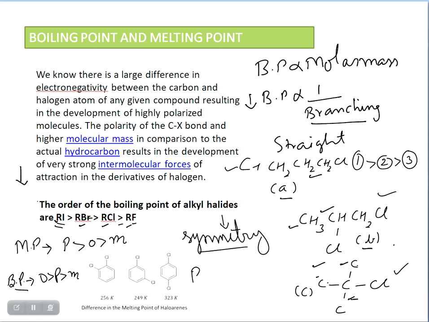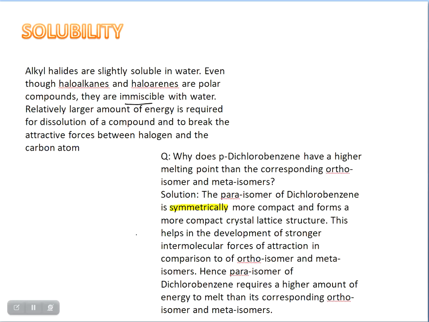That is the important factor. Melting point depends on the symmetry. The highest melting point is of para, and the boiling point order is ortho, para and then meta. Clear?